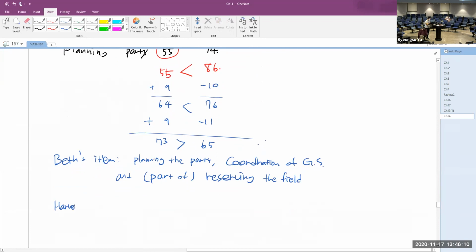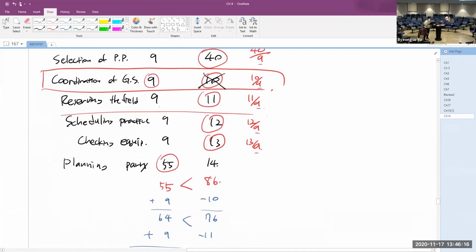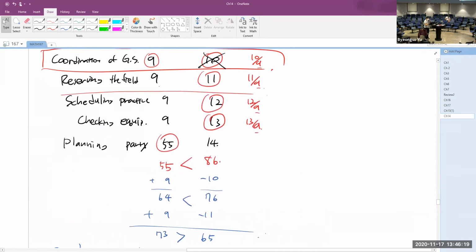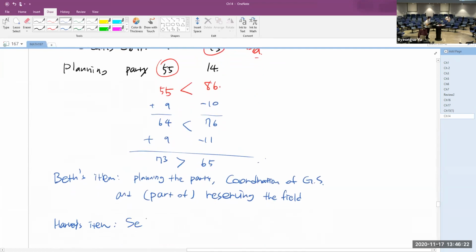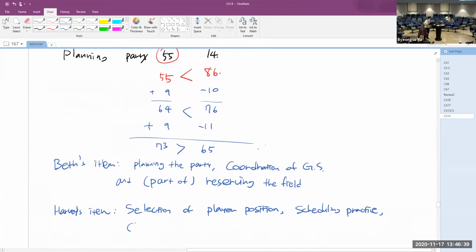And Harvey's items are the remaining ones, so selection of player position, scheduling practice, checking equipment, and part of reserving the field, right?